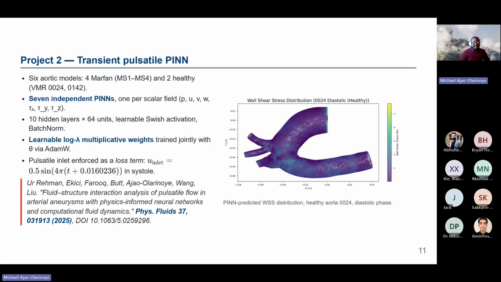Now, the pulsating inlet was enforced at loss time to show that it was systolic and diastolic. And the paper is currently published in Physics of Fluids. If you want to have a read, it's a very interesting paper. It was one where we were all happy about the results.